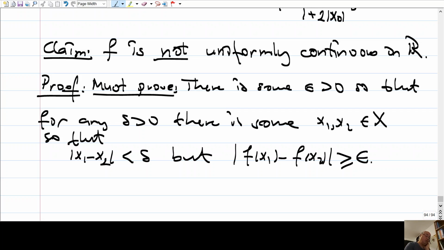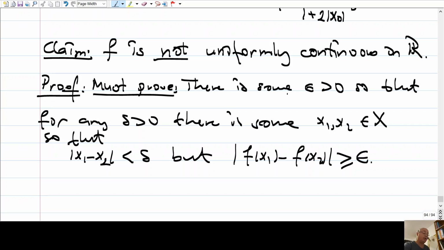Okay, you may need to think about this formulation. Why, to show that f is not uniformly continuous, do I have to prove this? Well, the reason is simple. f is uniformly continuous means what?